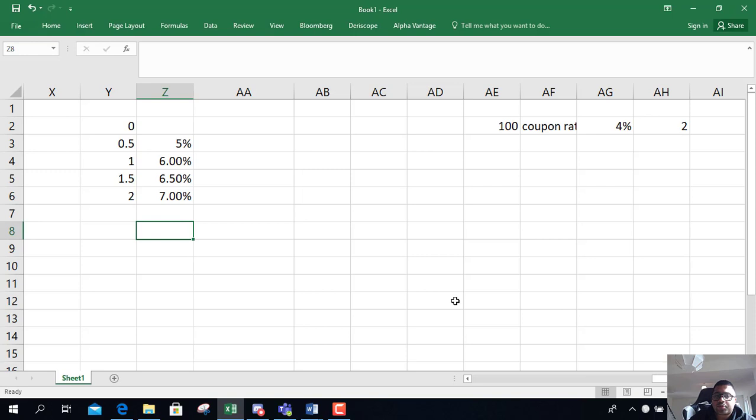Now how to solve these problems? We solve these problems by using a formula. They are asking you for the par yield.